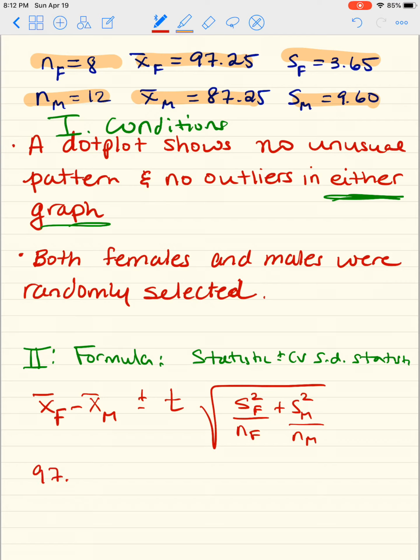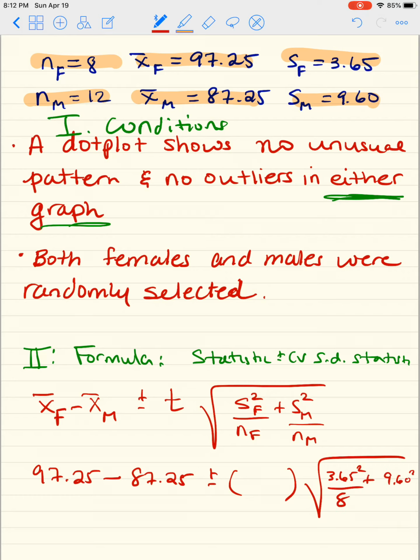So it's going to be 97.25 minus 87.25 plus or minus this critical number times the standard deviation, which is going to be 3.65 squared over 8 plus 9.60 squared over 12. Please use your formula sheet. This number here, we have two n's. Take the smaller n minus 1 for the degrees of freedom, okay?